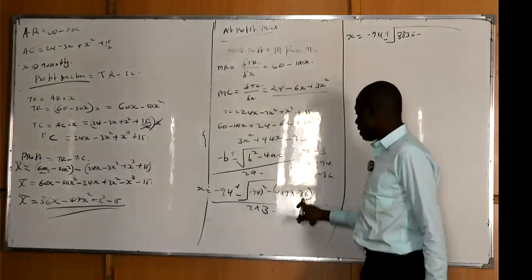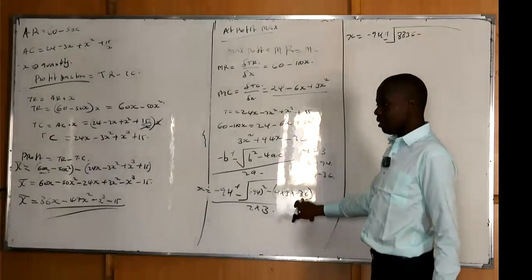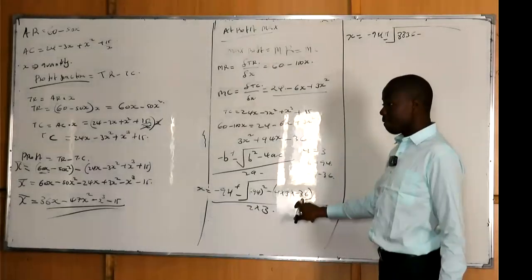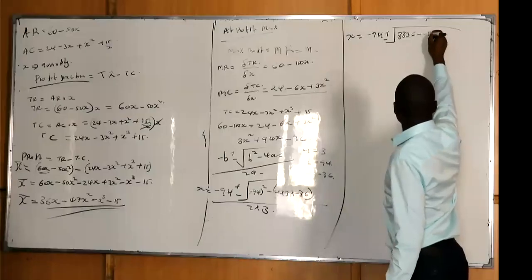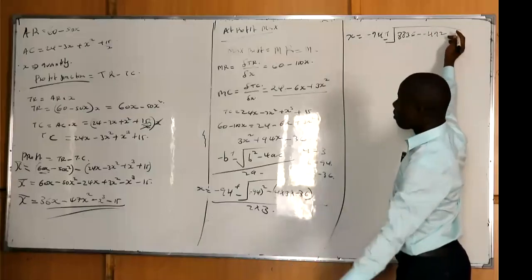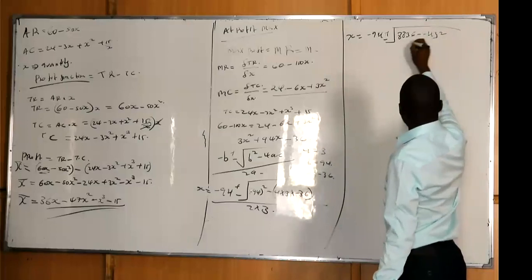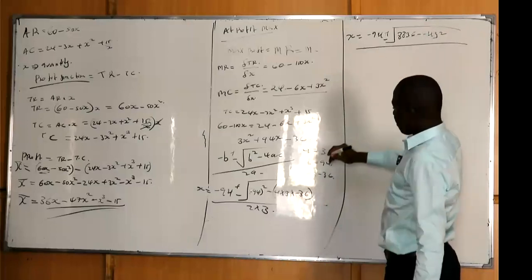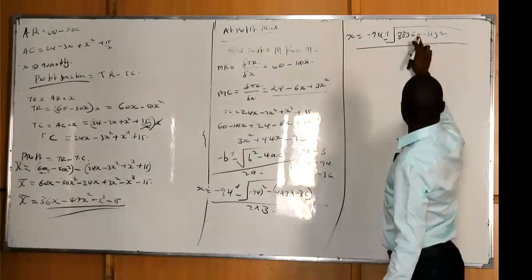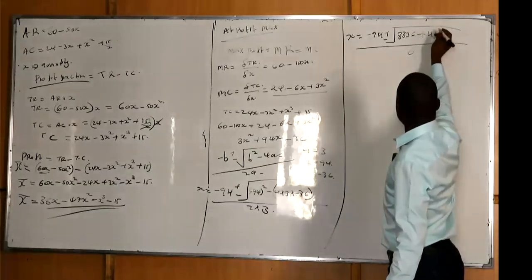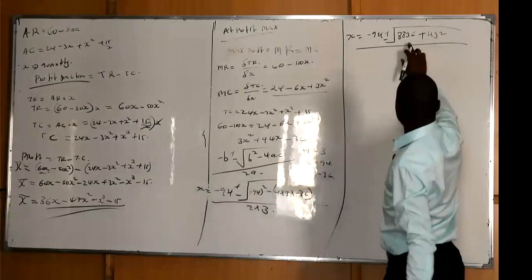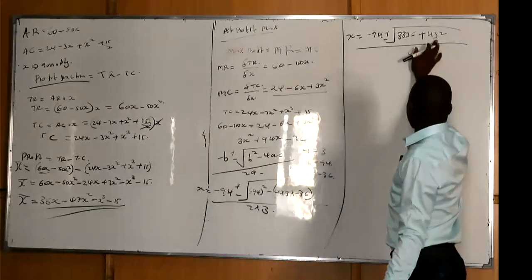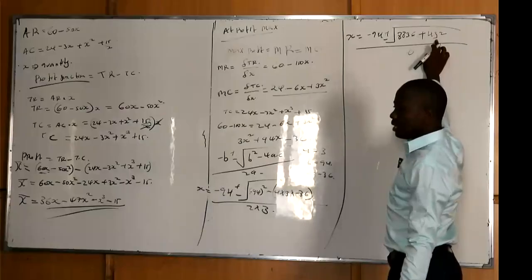You multiply by negative 36, you get 432. I have divided by 6. So negative, it will turn to a positive figure. See there? Okay, take 8836 plus 432, you get?